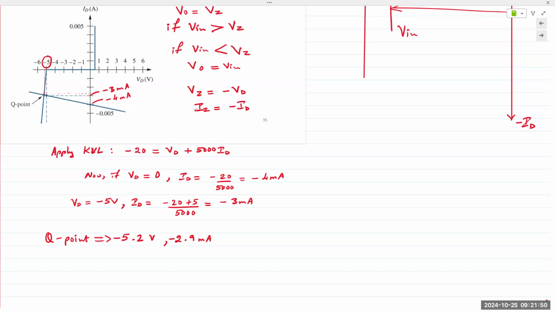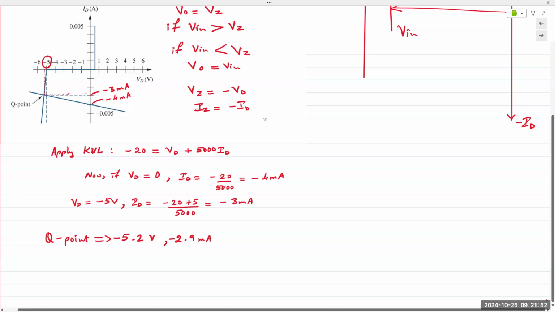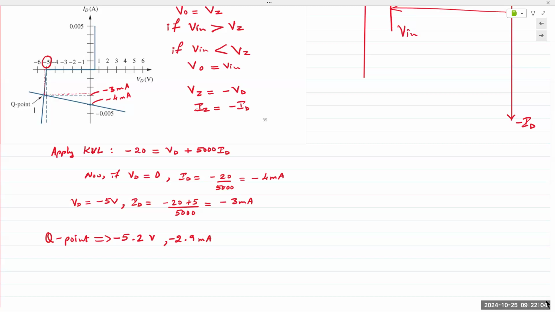Oh, it's right here. The intersection point, the Q point. On the graph, we just draw the Q point and extend it to the y-axis. So we are just eyeballing the values.